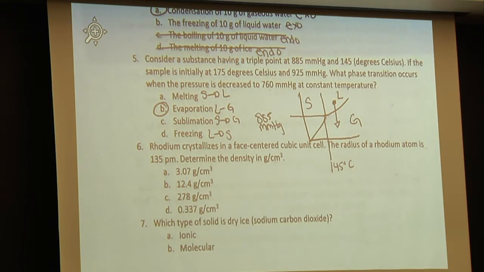Okay, number 6. Rhodium crystallizes in a face-centered cubic unit cell. The radius of a rhodium atom is 135 picometers. Determine the density in grams per centimeters cubed.